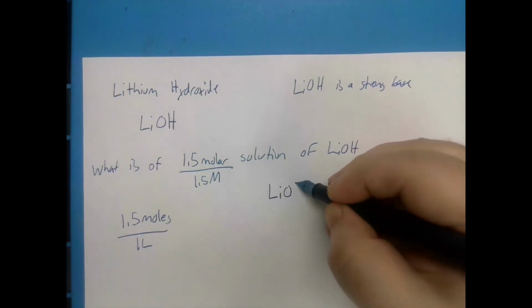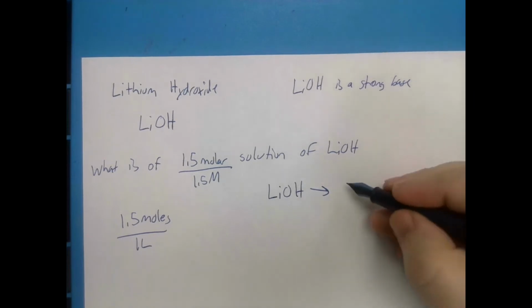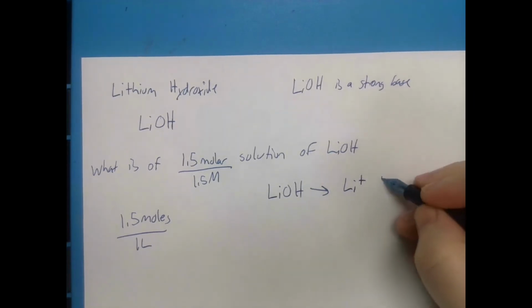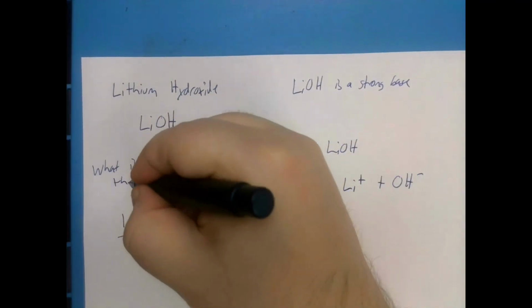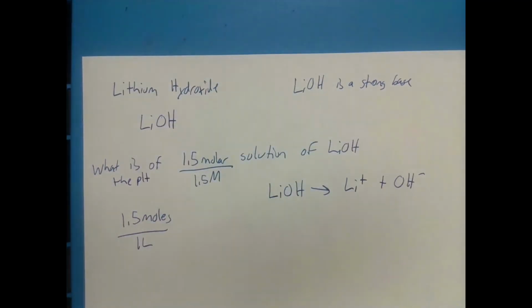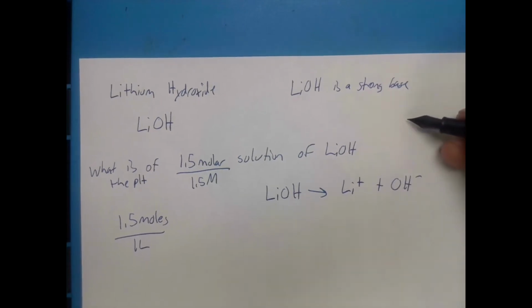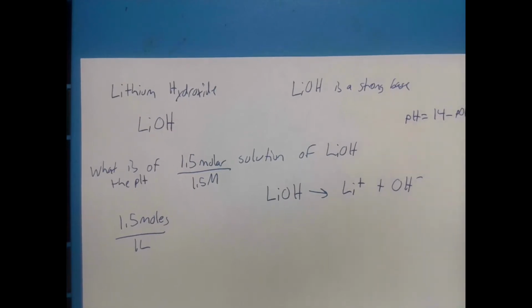We have LiOH going to break apart into Li plus and OH negative. So there is no H plus. There is no H in this equation. But we know that pH is equal to 14 minus pOH, because you take pOH and pH and add them together, it's always 14.